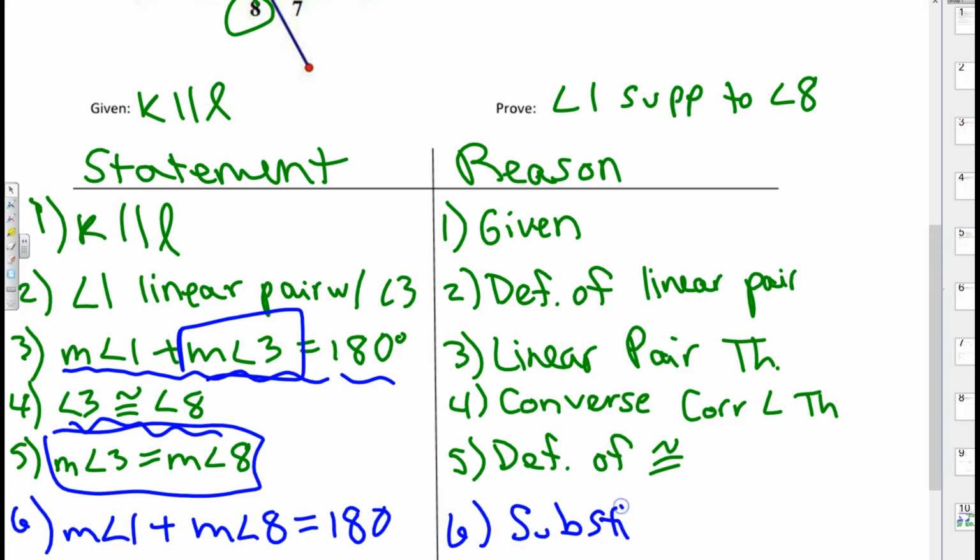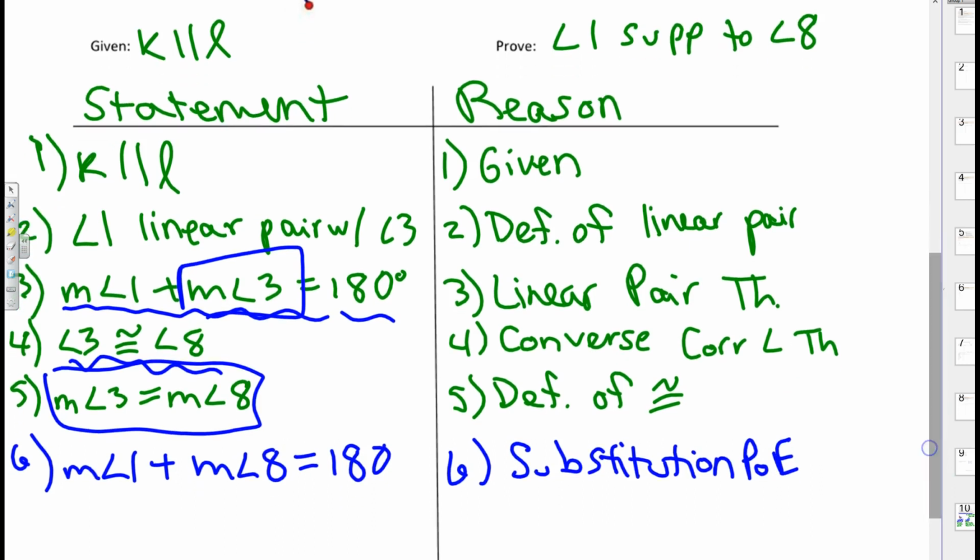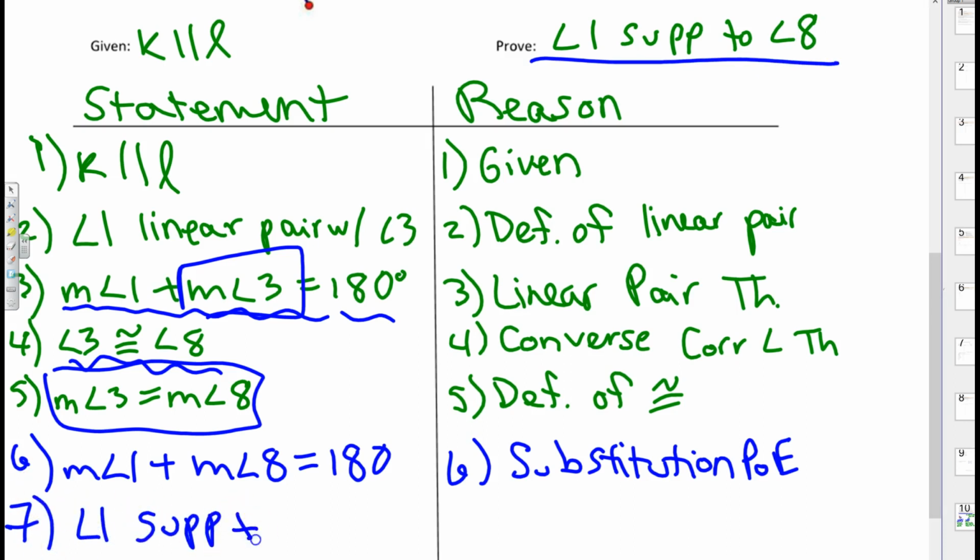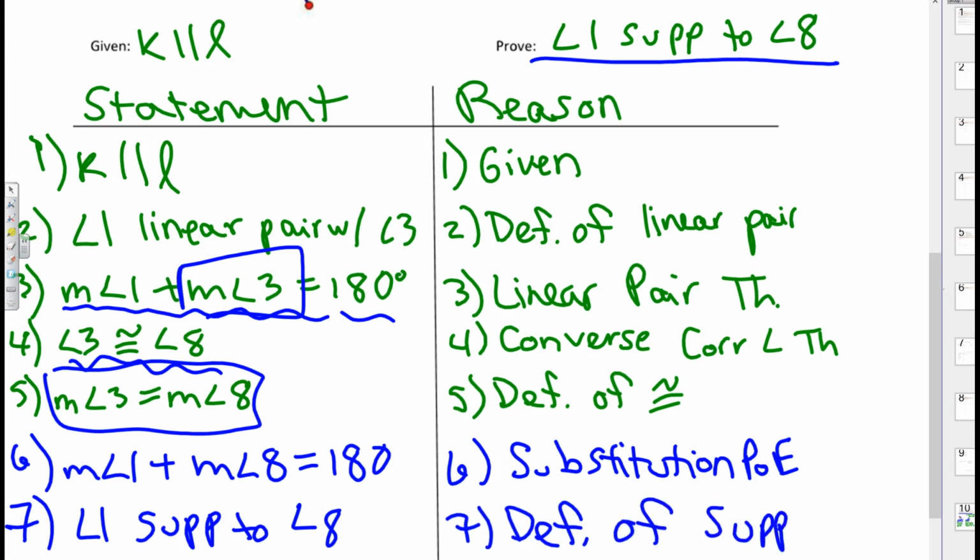Remember, never shorten substitution or subtraction, because otherwise they'll look like each other. Property of equality, which we're trying to prove that they're supplementary. That's what it means to be supplementary. We're able to now say that angle 1 is supplementary to angle 8 by the definition of supplementary. And we're done. We proved it.